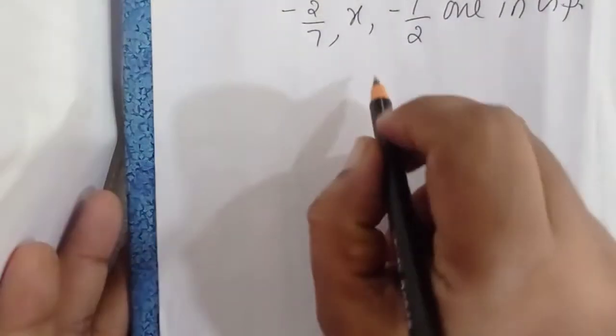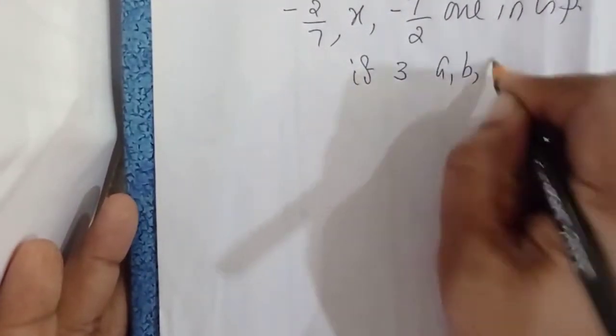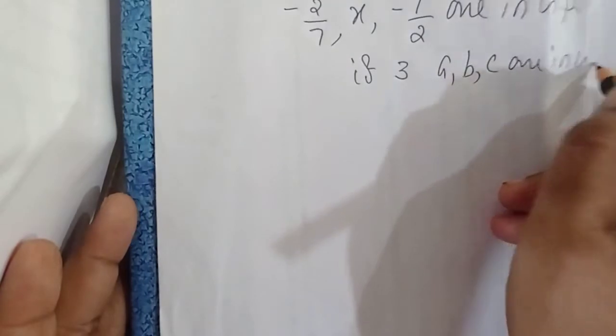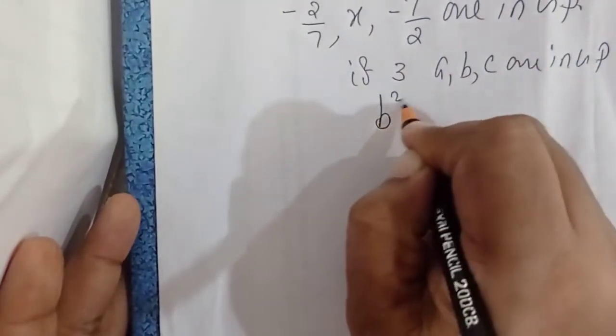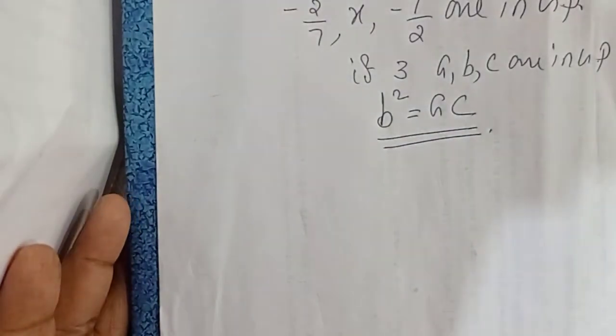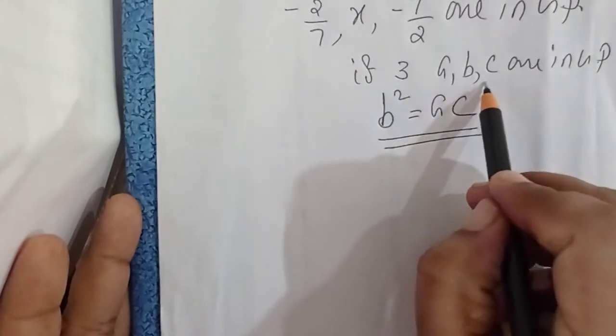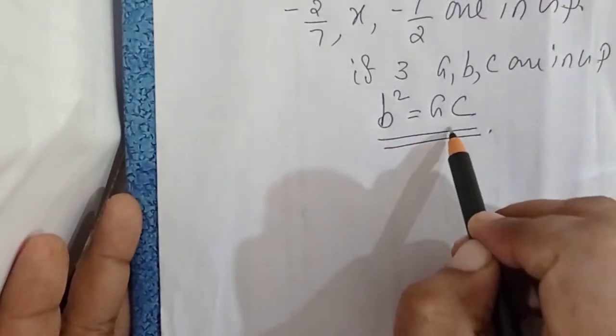If three numbers A, B, C are in GP, then B squared, the middle term squared, equal to the product of the extremes. B squared equal to AC.